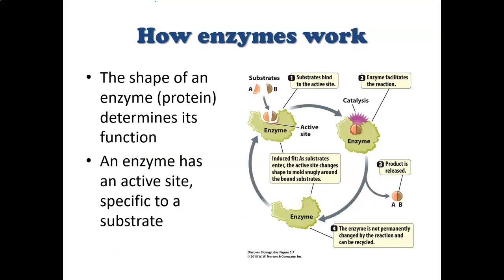And they work by literally interacting with the molecules that they are influencing. So for example, there's an enzyme that will break starches up into their monosaccharides. And the way that it does it is it literally grabs the starch molecule and rips it apart.